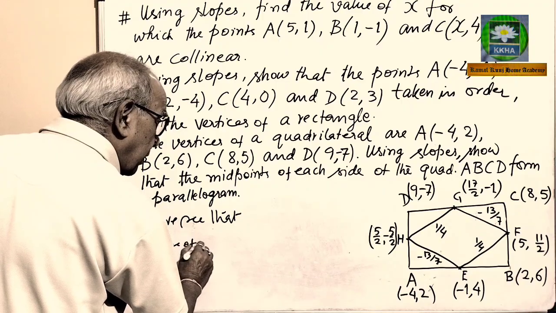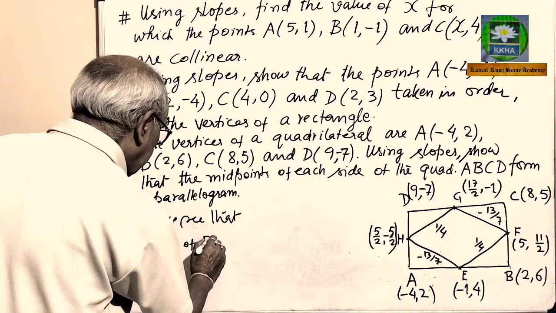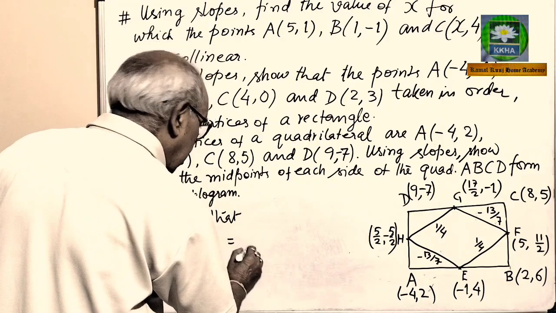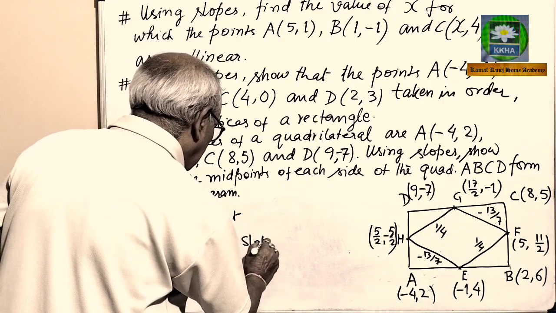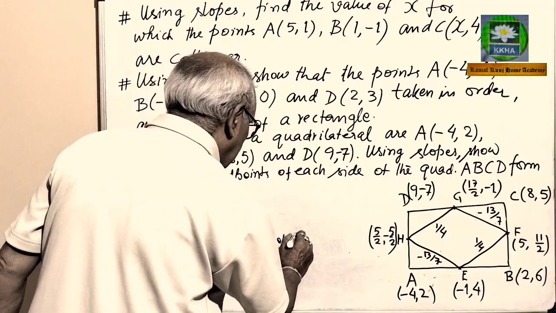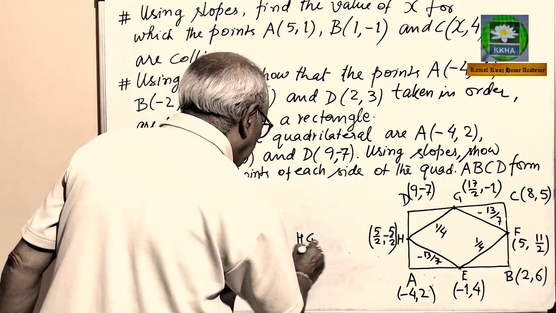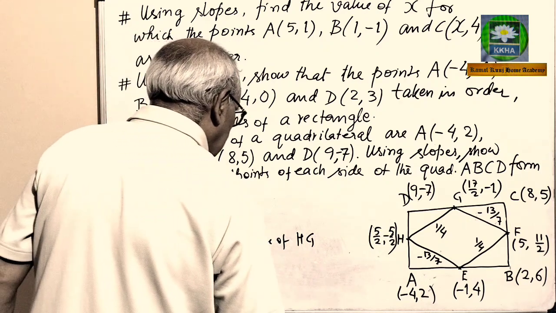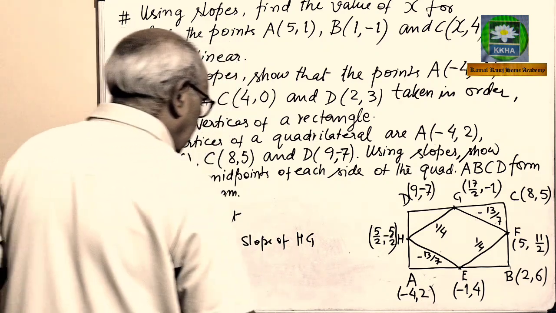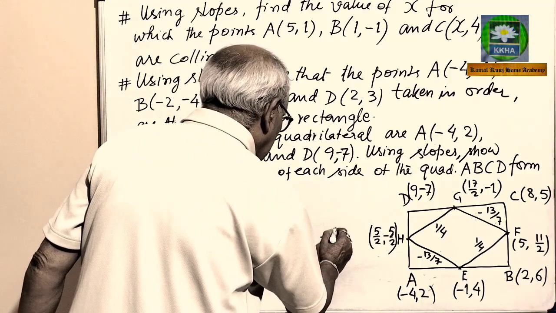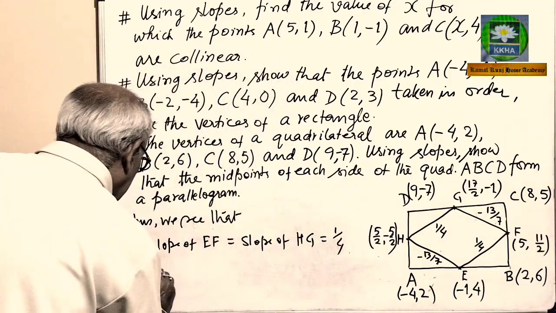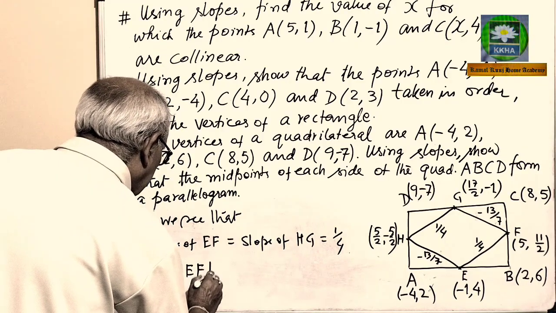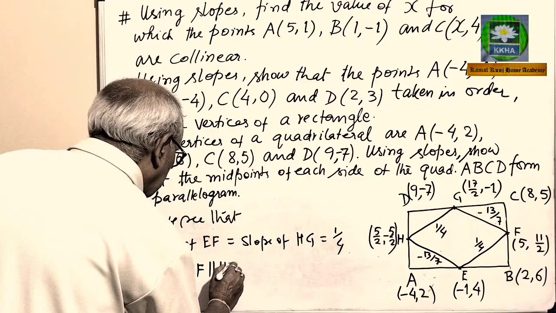Thus we see that slope of EF is equal to slope of HG, which is equal to 1/4. This implies that EF is parallel to HG.